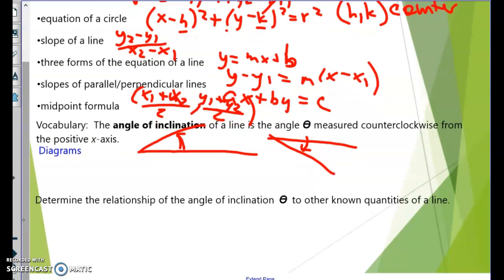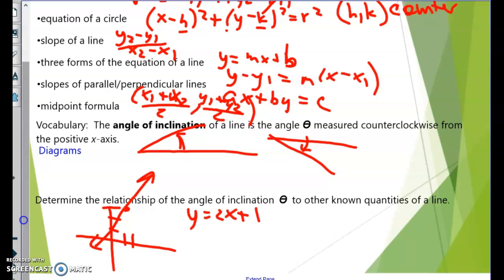Determine the relationship of the angle of inclination theta to other known quantities of the line. So let's say I have the line, and I think I just tried to do y equals 2x plus 1, simple enough. And I want to find the angle of inclination there.